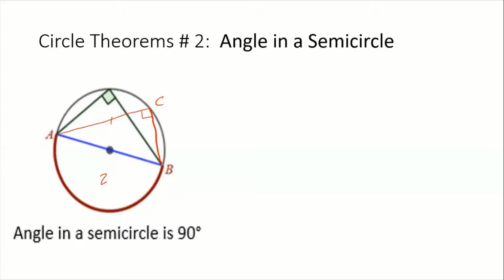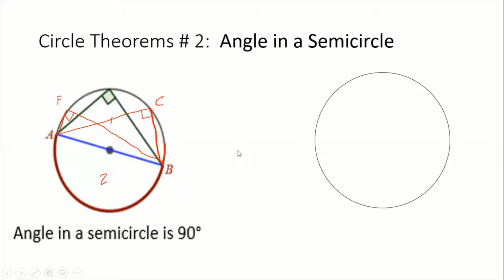And if I draw another line from A to a point on the circumference and call this F, and then draw a line from F back to B, then the angle created is going to be 90 degrees. And this is always true. All right. So let's look at an example.